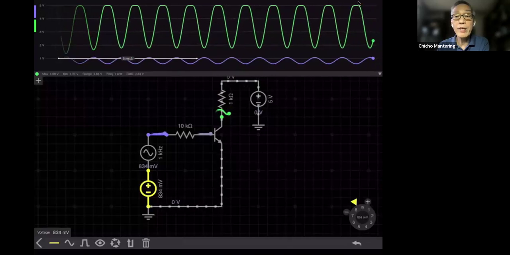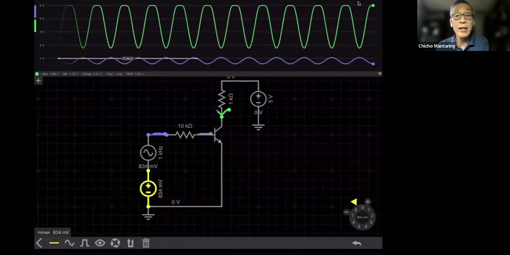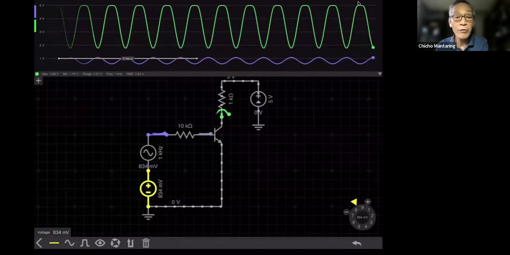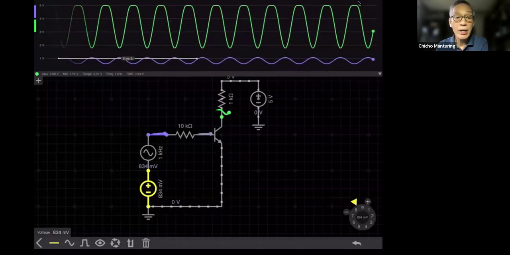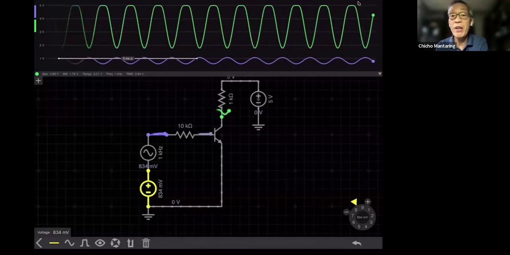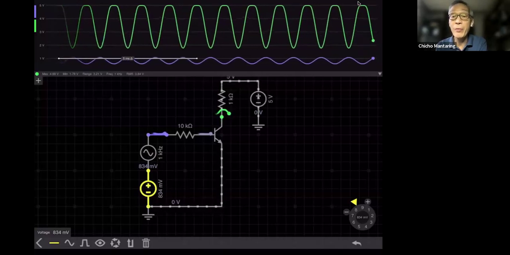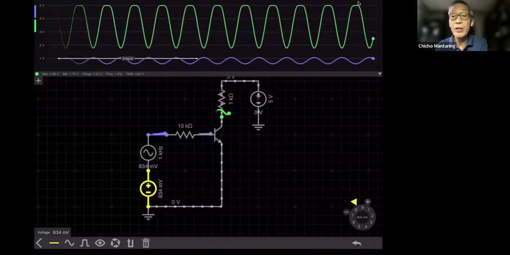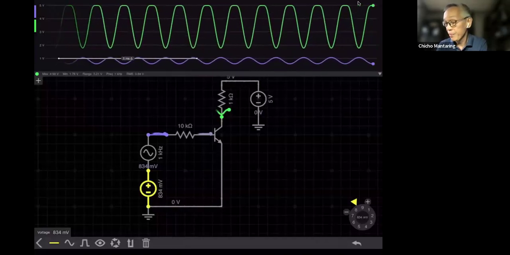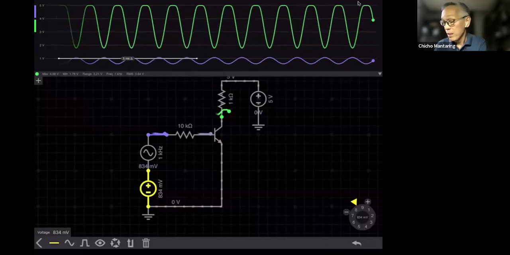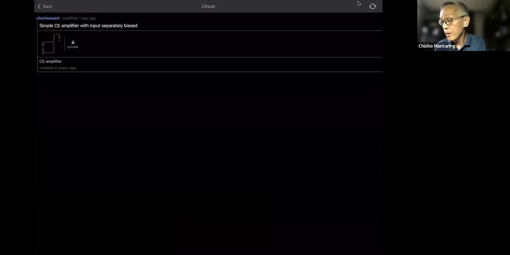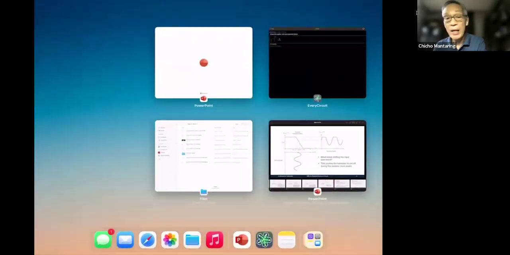So that just illustrates the different factors that I mentioned earlier with regard to setting up the DC component of your input signal, the maximum peak-to-peak value of your input signal that can be amplified without distortion, and the maximum output voltage range. So much for that. Let's go back to the presentation.